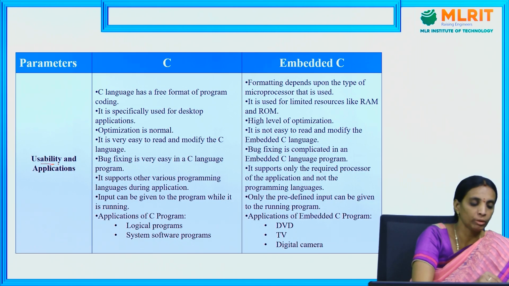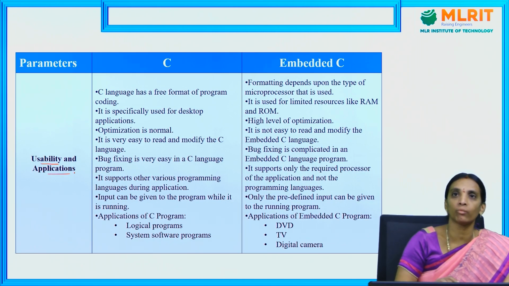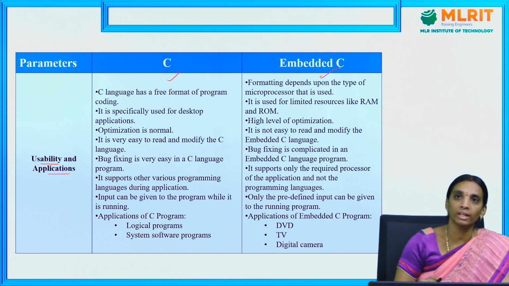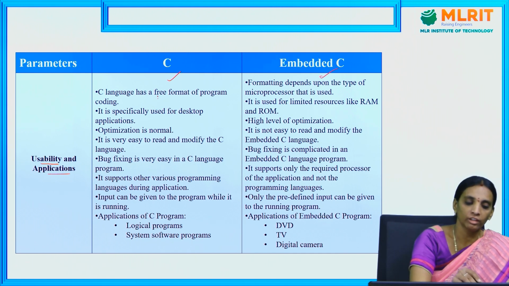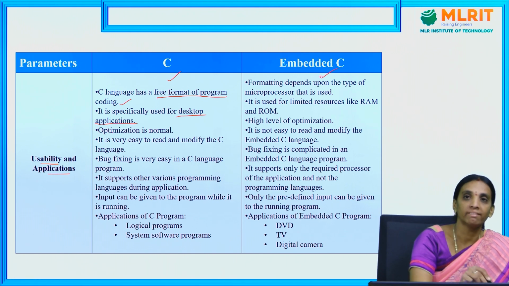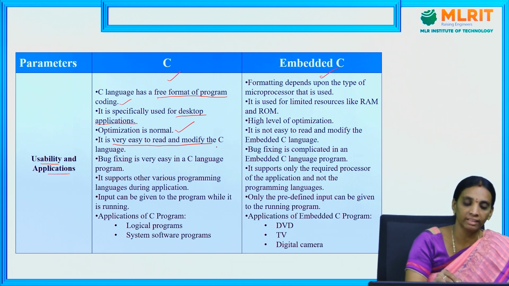And next, usability and application. That is, what are the advantages of using C language and what are the advantages of using embedded C language. Here the C language has a free format of program coding and is specifically used for desktop applications. As it is a general purpose programming language, it is suitable for desktop applications. Thus optimization is normal and it is very easy to modify and to understand the C language.